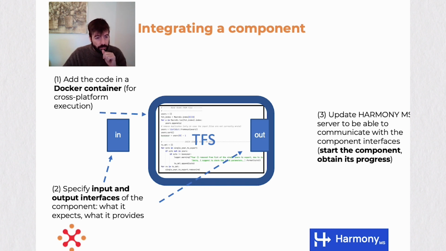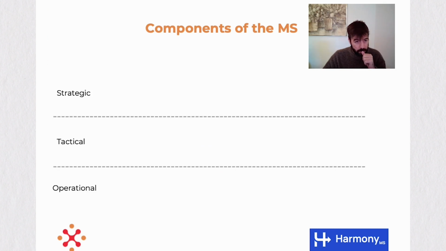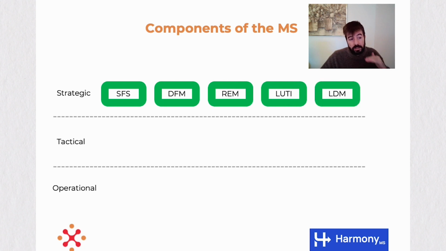Okay, so just to give you an overview of the components of the MS that are implemented and integrated within the Harmony project, and you will hear a lot more about probably each of those components in subsequent videos. We have 3 levels: strategic, tactical, and operational.